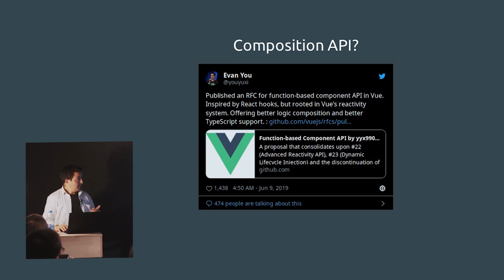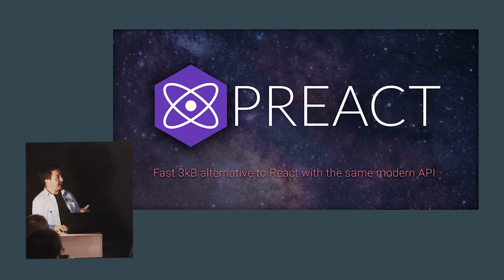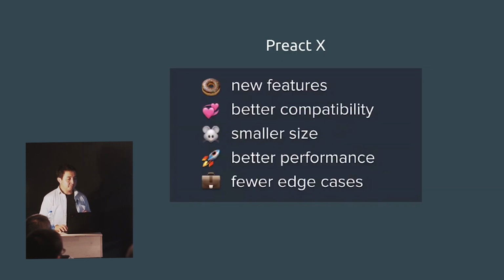So, about Preact. Preact is a small little library of 3 kilobytes, and it's an alternative to React. It can do almost the same things React does with the same modern API, but at a small size. At the same time Vue 3 was being announced, with the RFC, Preact X was also being developed, and I think at that time it was in beta or RC, I don't remember now.